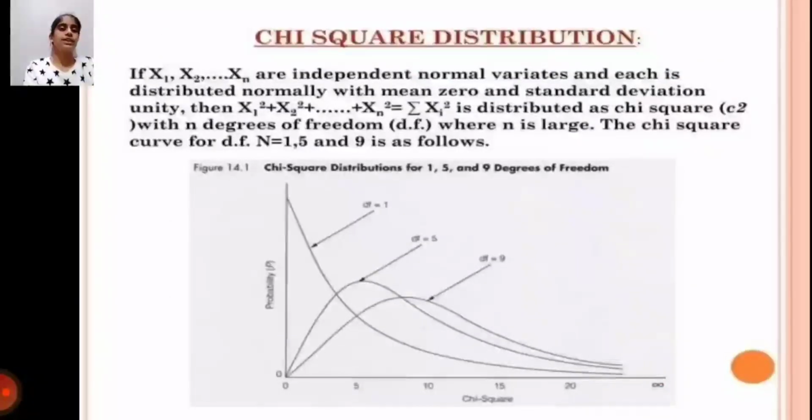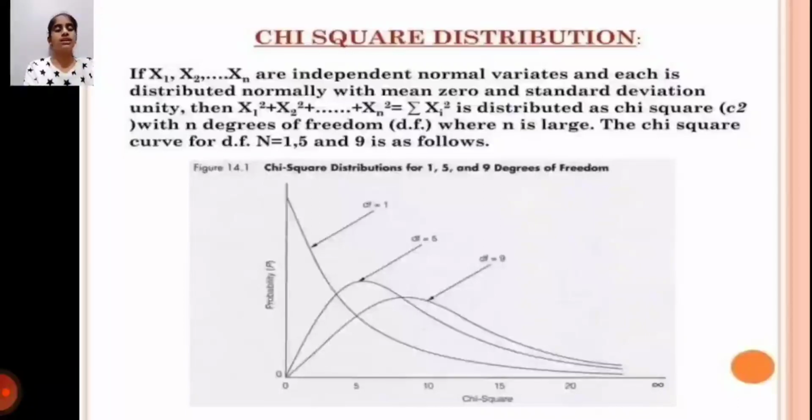And here we can see the distribution. If x1, x2 up to xn are independent normal variates and each is distributed normally with mean 0 and standard deviation unity, then x1 squared plus x2 squared up to xn squared is distributed as a chi-square with n degrees of freedom, where n is large.